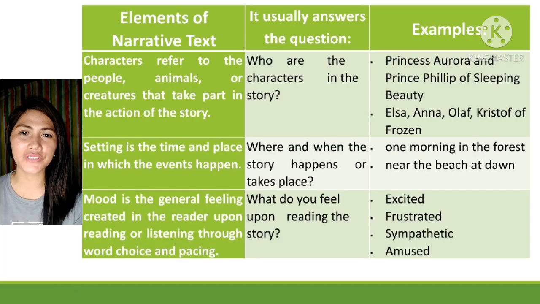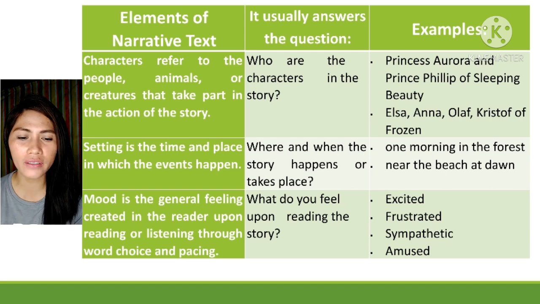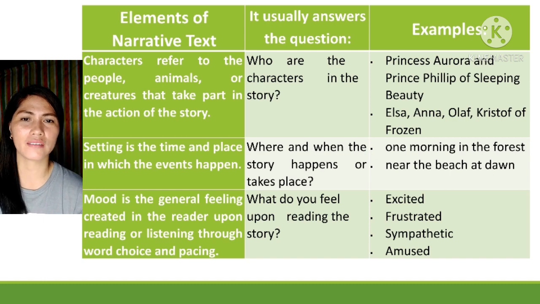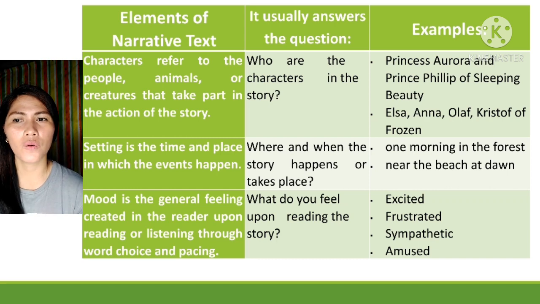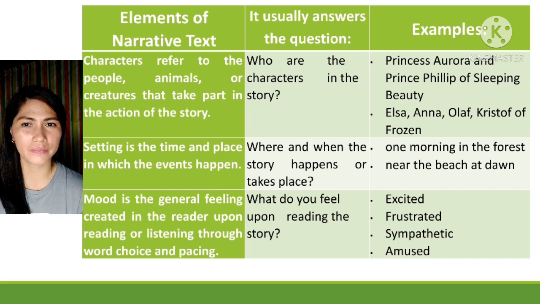Now that you can already differentiate factual from literary text, let us give more focus on the literary narrative text, poems, and their elements. First is the character. Characters refer to the people, animals, or creatures that take part in the action of the story. It usually answers the question, who are the characters in the story?